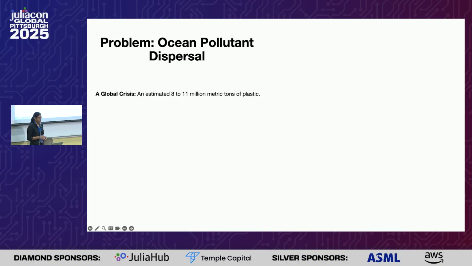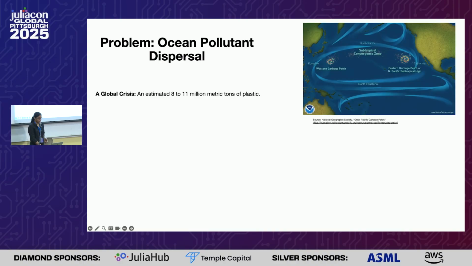What we wanted to do is systematically use physics-informed neural networks to model the underlying dynamics when we deal with a pollutant involving fluid mechanics. What you're seeing here is a picture showing the major surface currents of the North Pacific.